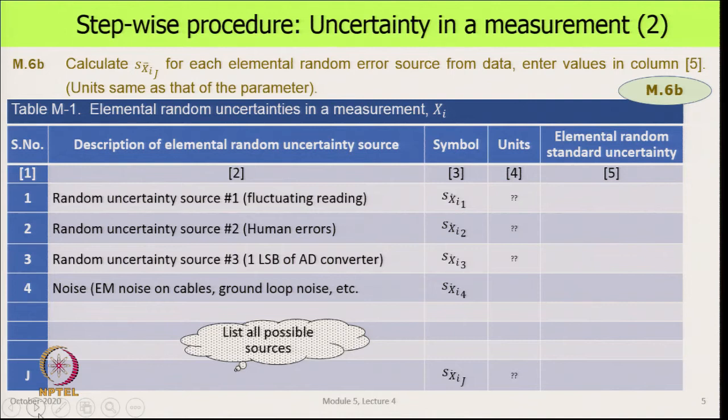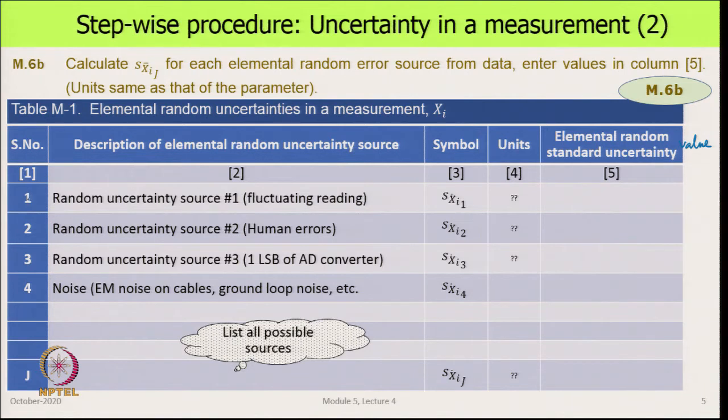So, this is Table M1 associated with that step, elemental random uncertainties in a measurement xi. It has a serial number, description of elemental random uncertainty source, symbol, units and the value. Here we write the elemental random standard uncertainty value.